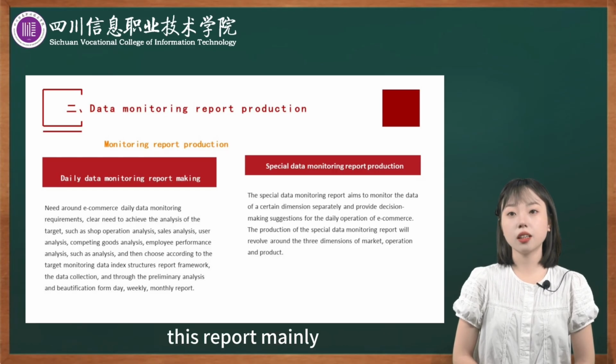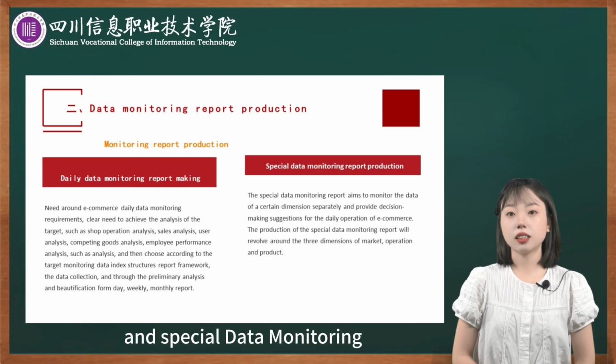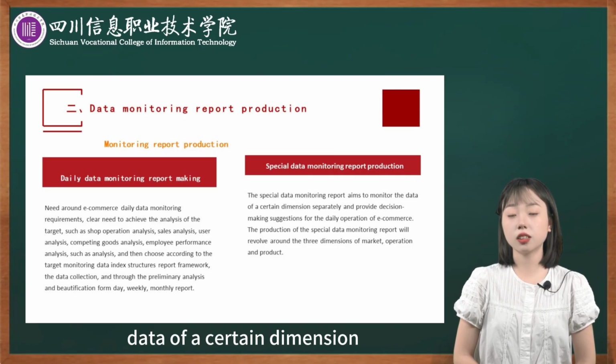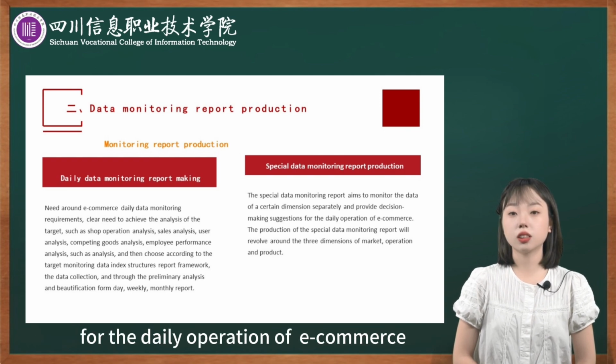The daily report mainly meets the daily data monitoring needs of e-commerce, and the special data monitoring report aims to monitor the data of a certain dimension separately and provide decision-making suggestions for the daily operation of e-commerce.